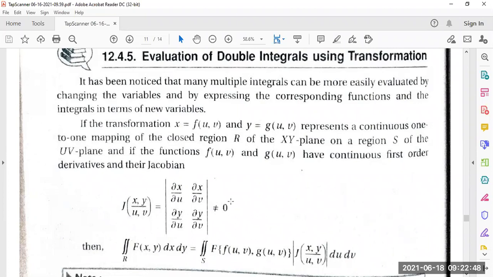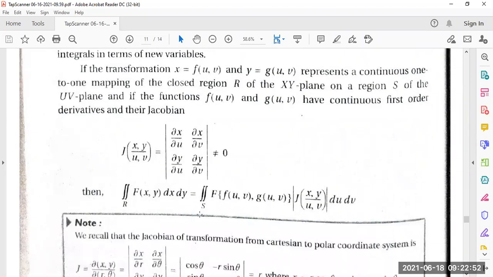That must not be zero. Then the integral of f of xy dx dy over region R becomes the integral over region S of f of x in terms of u and v, y in terms of u and v, times the mod of the Jacobian, del u del v.